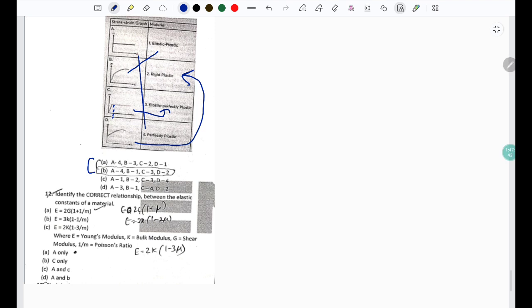Let's see the other question. It is saying that out of these 3 relations, which is the correct one? Now we have 3 relations between the independent elastic constants. The first one is E equals 2G(1 plus mu), where E is Young's modulus, G is the shear modulus, and mu is Poisson's ratio, which is often written as 1 by m in some books.